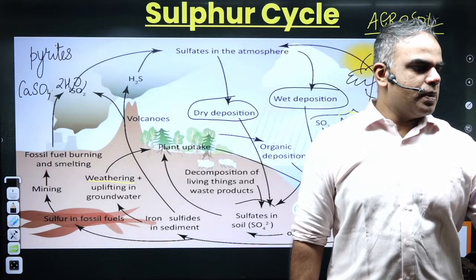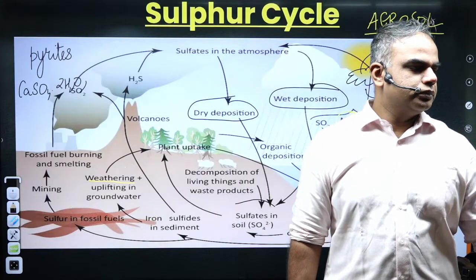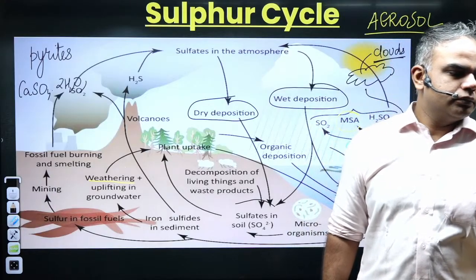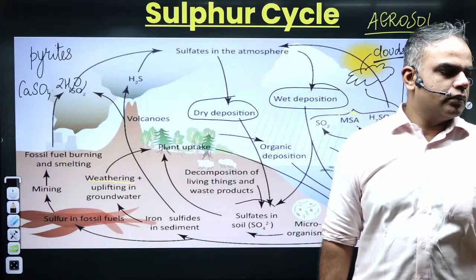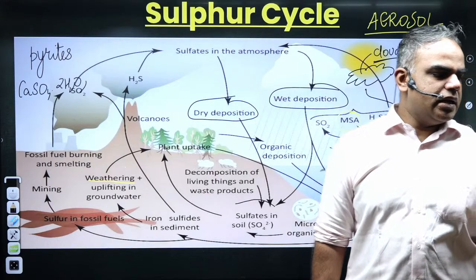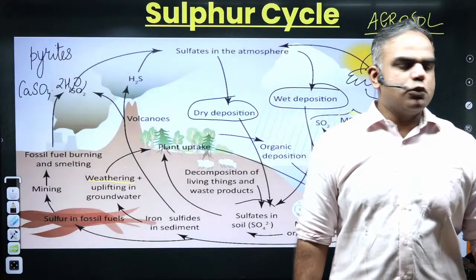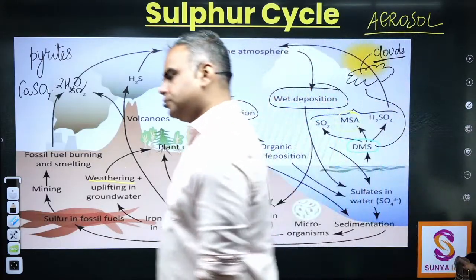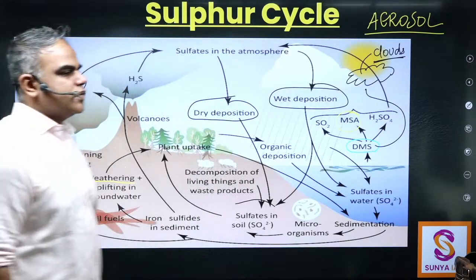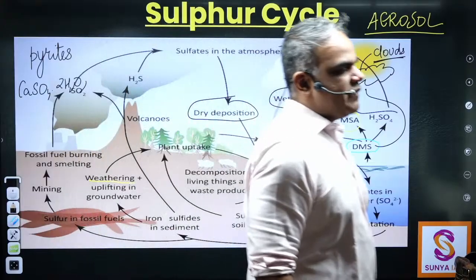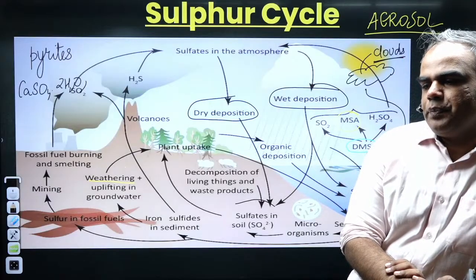Then you can write it is highly water soluble and removed from the atmosphere. So the moment it is created, it is removed from the atmosphere within one week or less. How would it be removed?